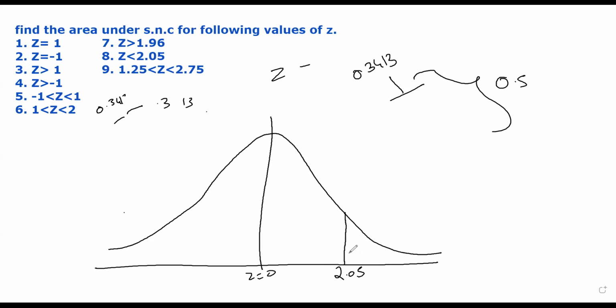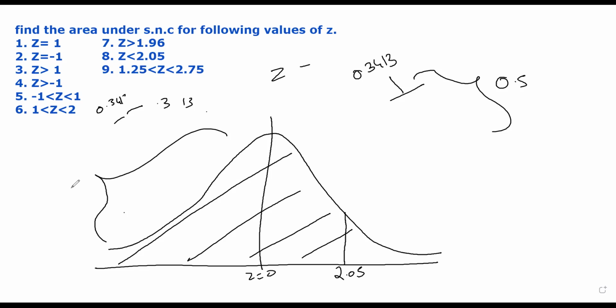I want the area less than. Now whenever I'm talking about the less than area, I'm actually talking about the area on the left hand side of the value. So I want this area. This whole side, you know, is 0.5. We just need to find the remaining area. So how will you find the area for 2.05?